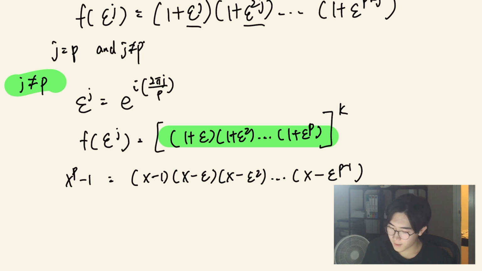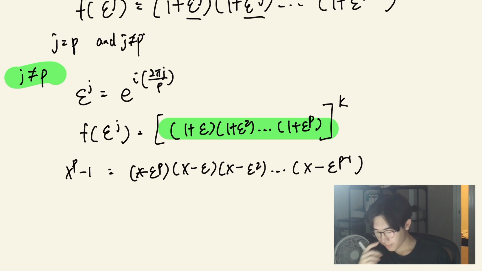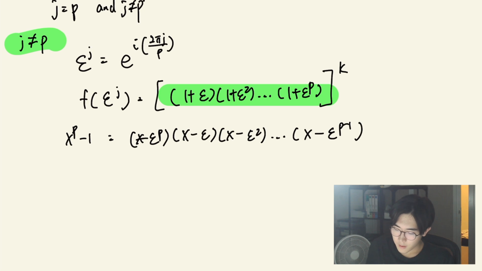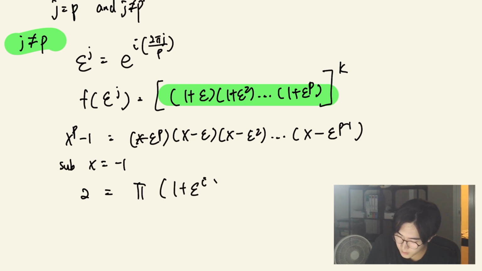To better fit the form, I can just change the x minus 1 to be x minus sigma to the power of p instead. And actually, you realize that if you manipulate by substituting x equal to minus 1, we'll get 2 is equal to the product of 1 plus sigma to the power of i, where i ranges from 1 until p.